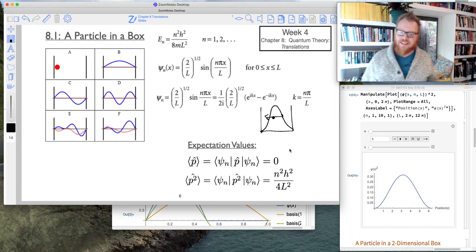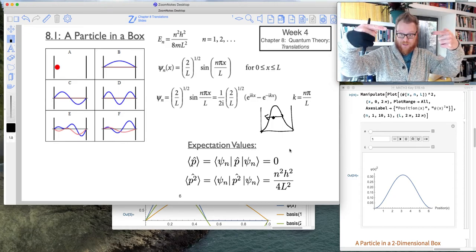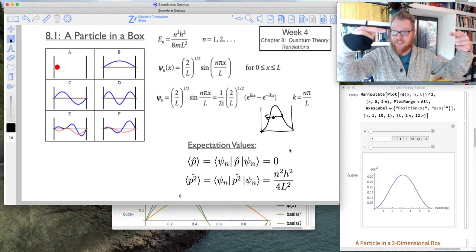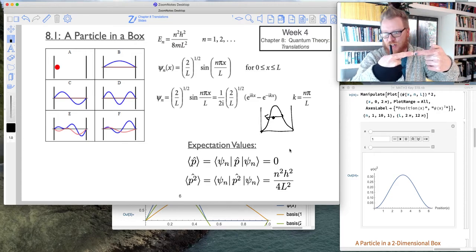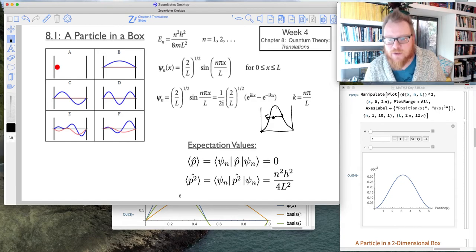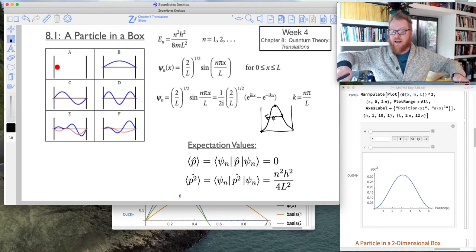So why is it that the expectation value of its momentum is 0? Well, that's because it's moving perfectly in this direction or in this direction. And those two different directions, the positive velocity and the negative velocity, cancel each other out. And so you have no net momentum. We expect the particle to be found right in the middle of the box, and then, of course, there's diminishing probability on either side of that.